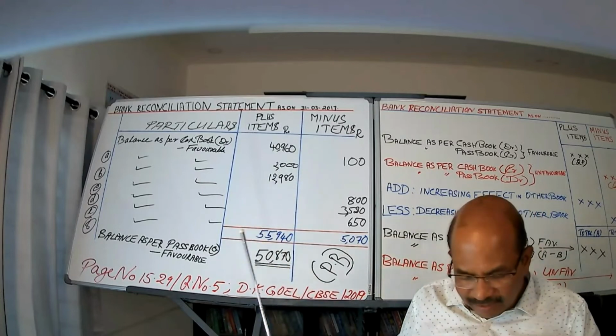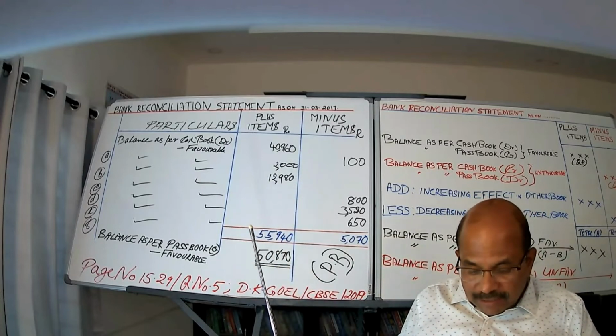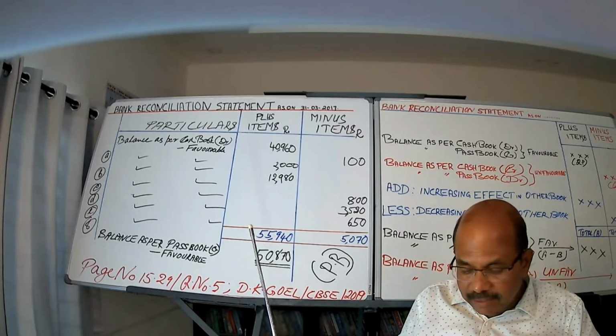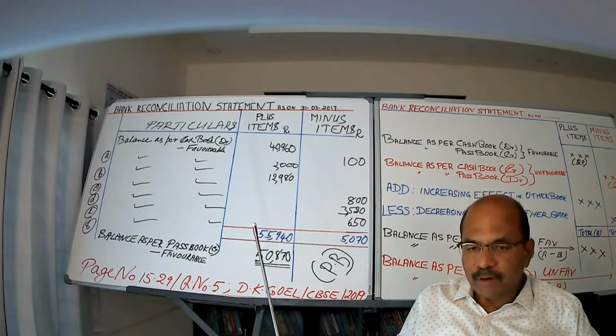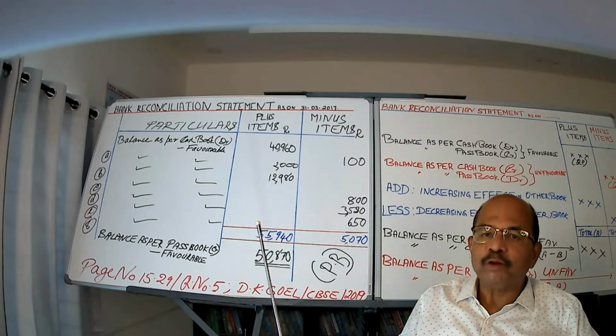Next. A bill for rupees 6,900 discounted with the bank is entered in the cash book without recording the discount charge of rupees 800. Well, students, what is a bill of exchange? What are discount charges? Everything will be taught when I take up the bill of exchange chapter.